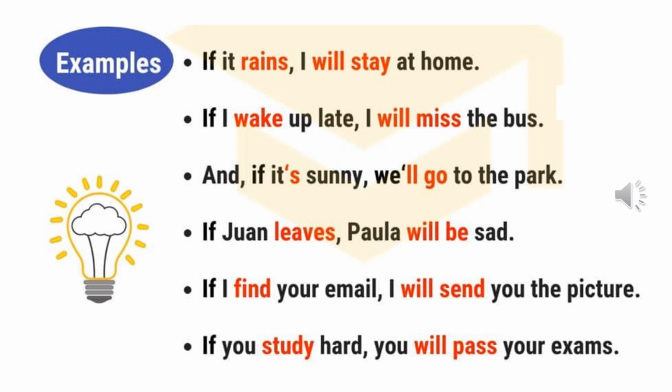Number 4, if Juan leaves, Paula will be sad. Number 5, if I find your email, I will send you the picture. And number 6, if you study hard, you will pass your exams.